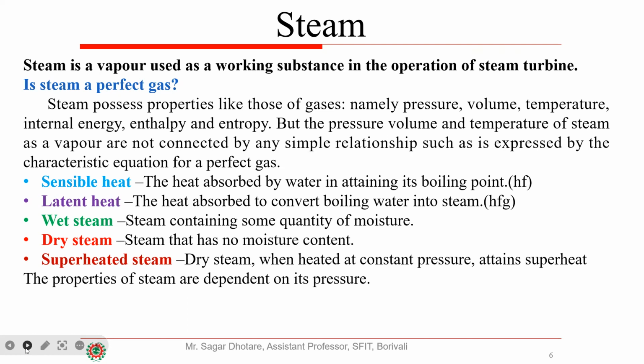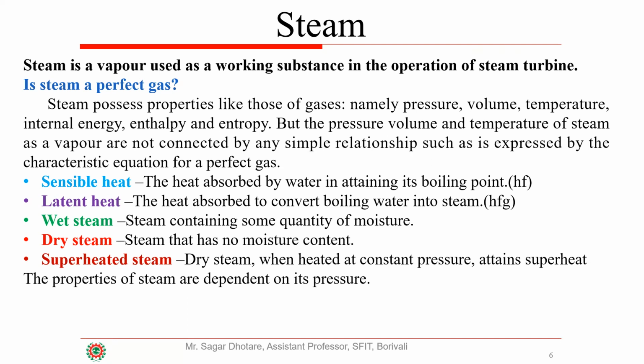So these are the basic properties which need to be considered for a perfect gas. But the pressure, volume and temperature of steam, as compared to a vapor, are not connected by a simple relation or by the characteristic equation of a perfect gas.